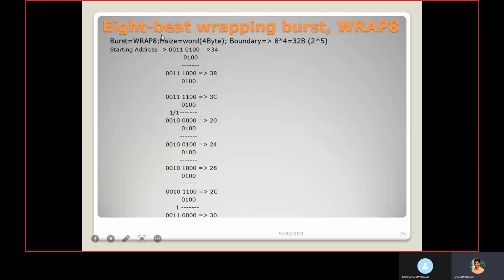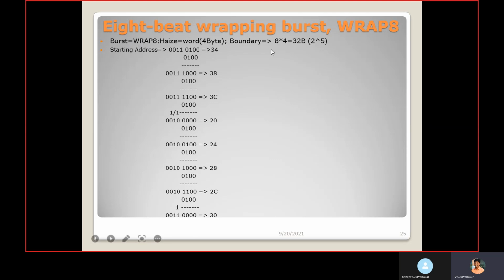Given that HBURST is wrap 8, and HSIZE is word, that means 4 bytes. We need to calculate the boundary because it wraps around a particular boundary. We calculate the boundary by multiplying the HBURST beats and HSIZE.